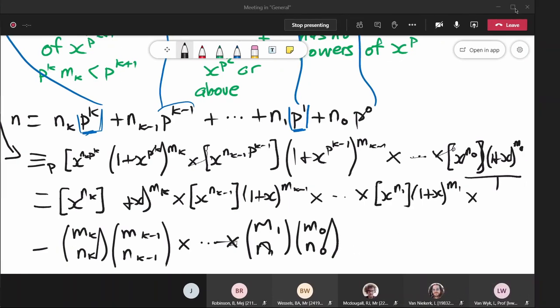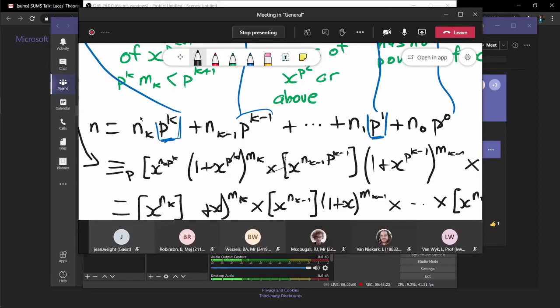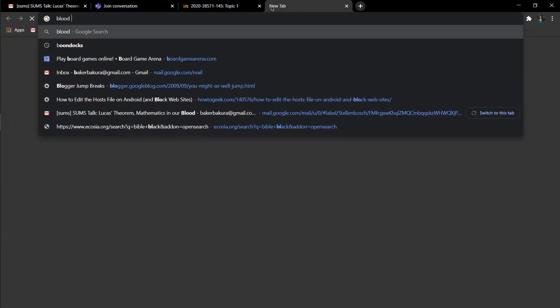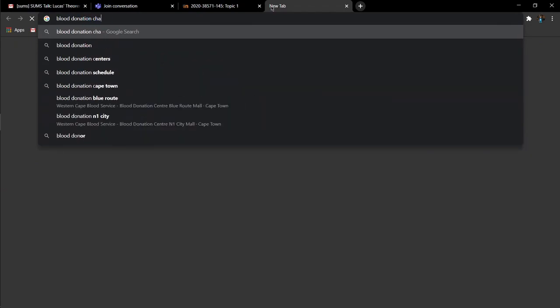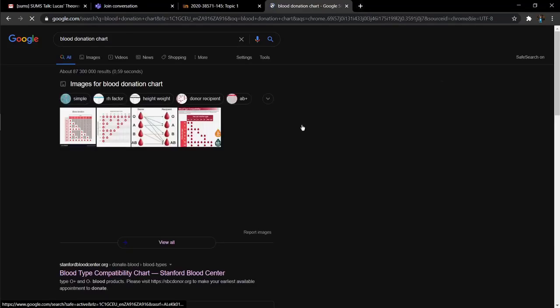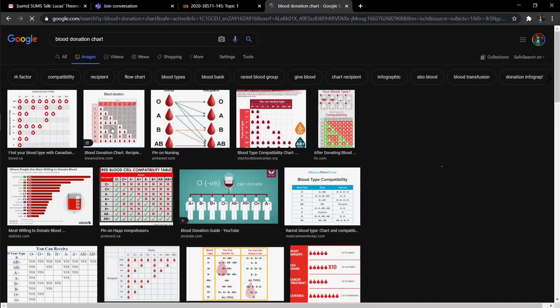No, I guess not. I'll just have to switch screen. So the thing about donating blood is that not every blood type is compatible with every other blood type.